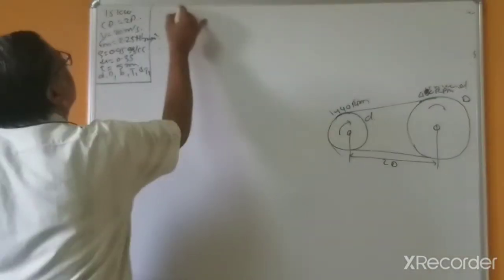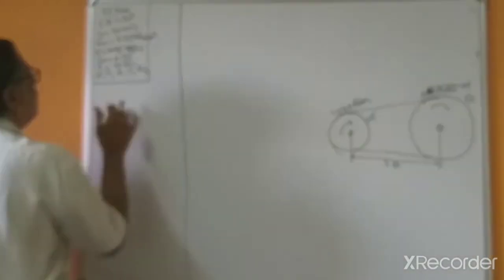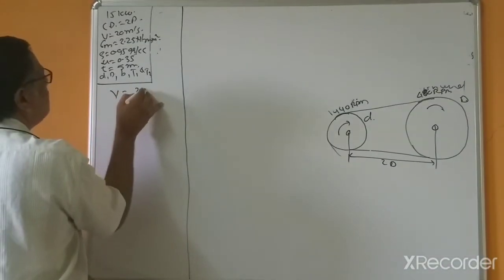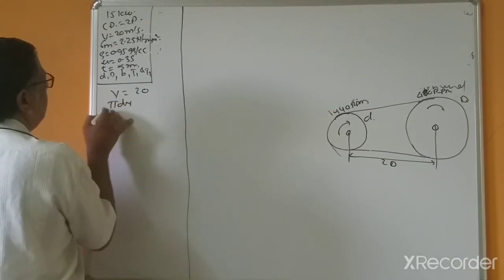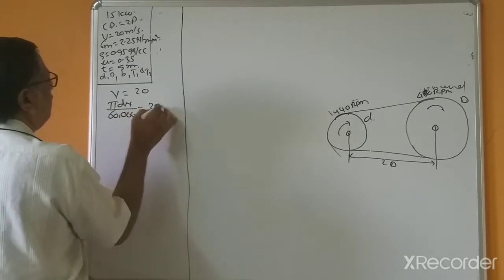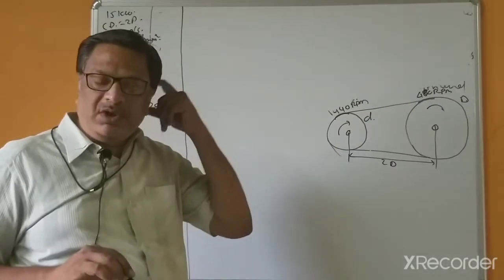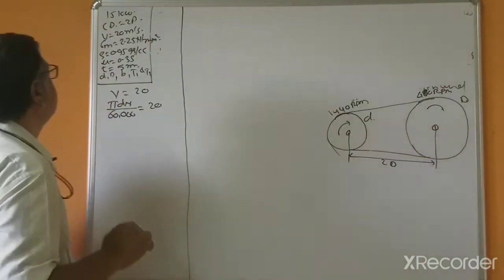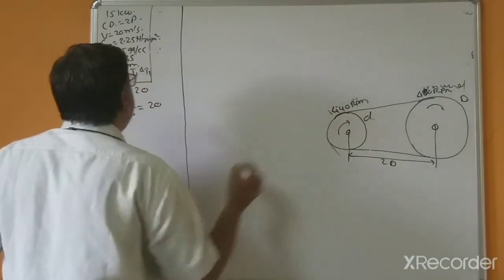So what is given, according to that we will calculate. V equal to 20 meter per second, and V equal to, as you know, the formula pi d n divided by 60,000, equal to 20. This is multiplied by 1000 to convert meters to mm. This is the velocity of the smaller pulley.